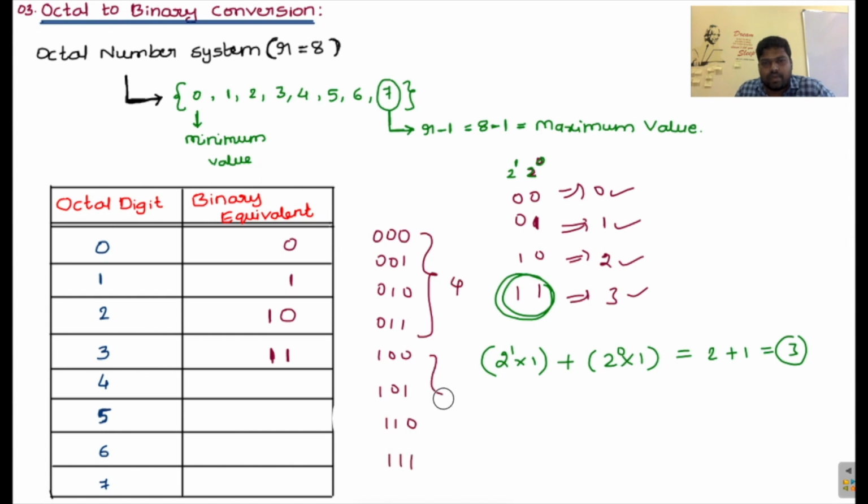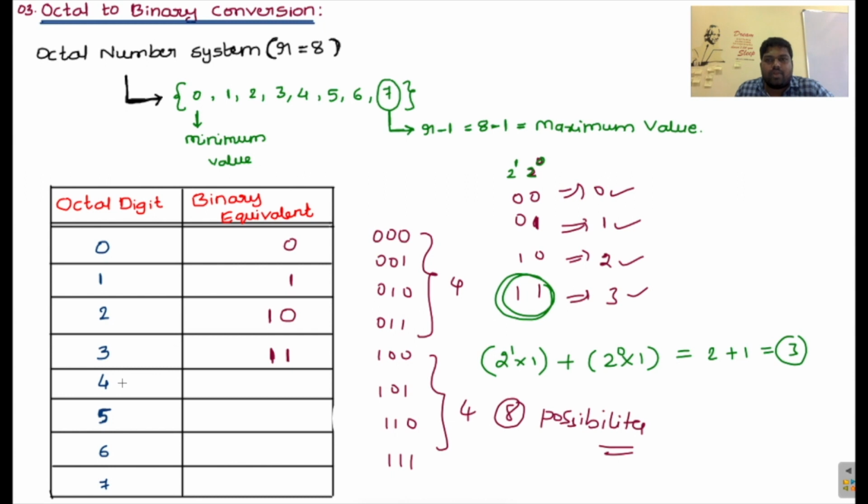First 4 and next 4. Total 8 possibilities if you consider the 3-bit combination. Out of these 8 possibilities, which one can we use to represent octal number 4?